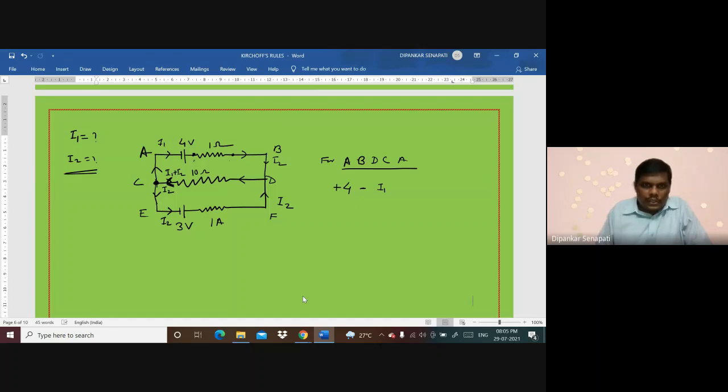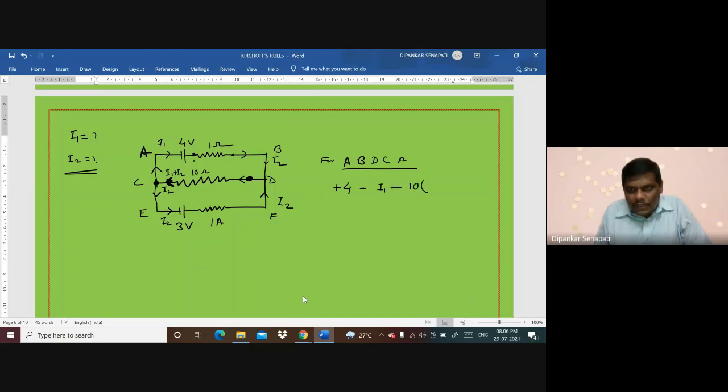Here again, in the same direction as the current, this point has to be at a higher potential and this point at a lower potential, and then D is at higher potential and C is at lower potential. So we are again falling down, and that will be 10.